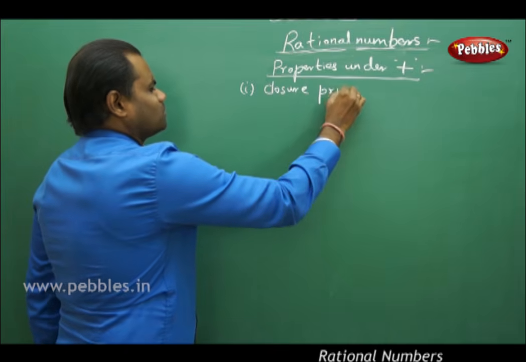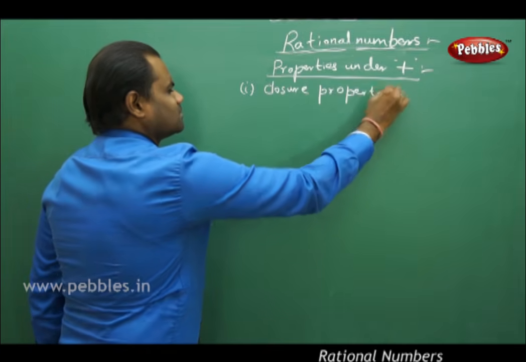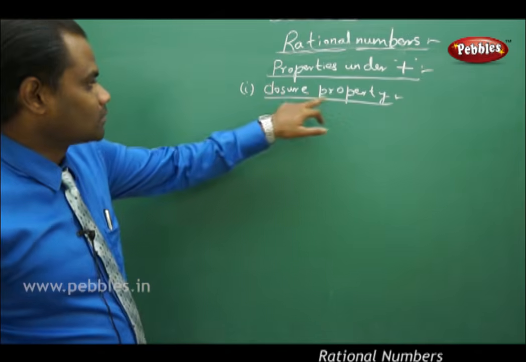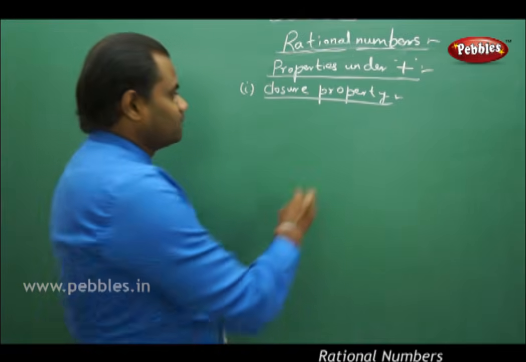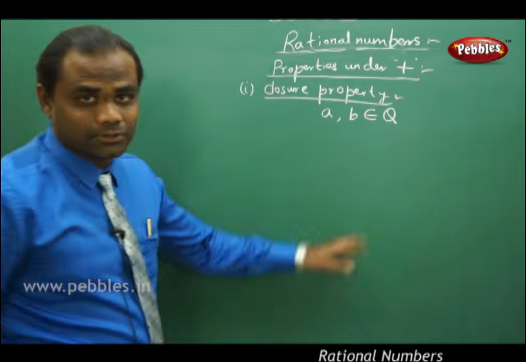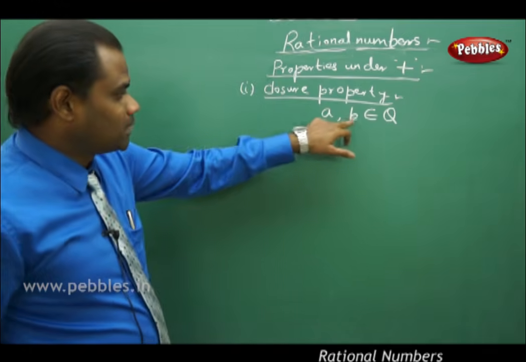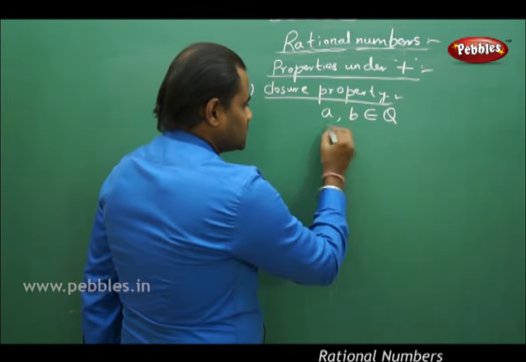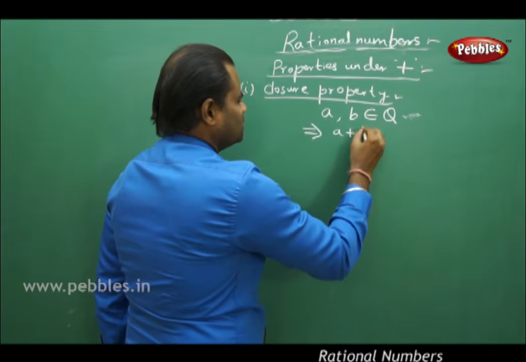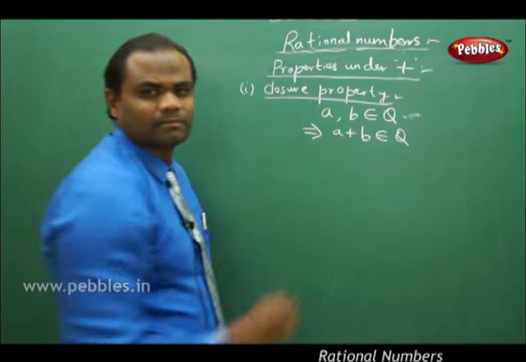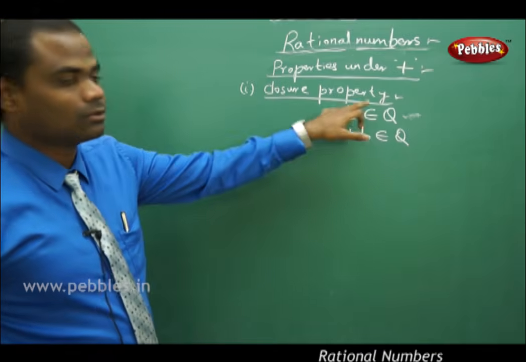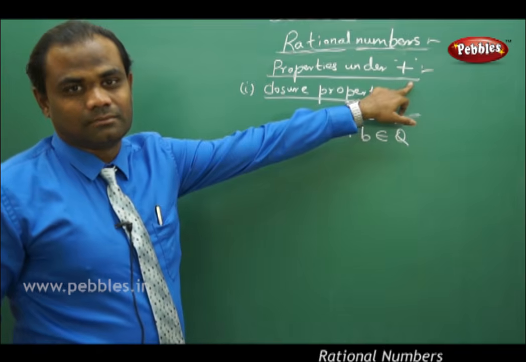We'll see what exactly it is and then continue with different types of examples. Closure property is where, if I take a and b belonging to Q, the set of rational numbers which we already denoted by Q, then a plus b also belongs to Q. The sum of two rational numbers is a rational number, which is nothing but the closure property under addition.